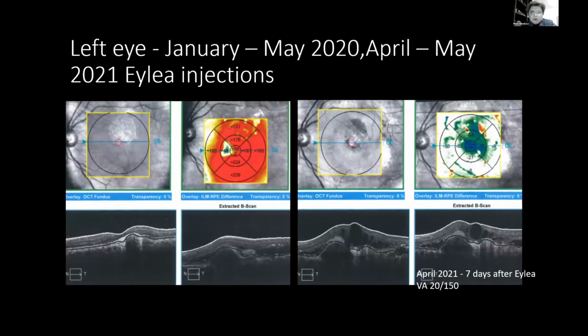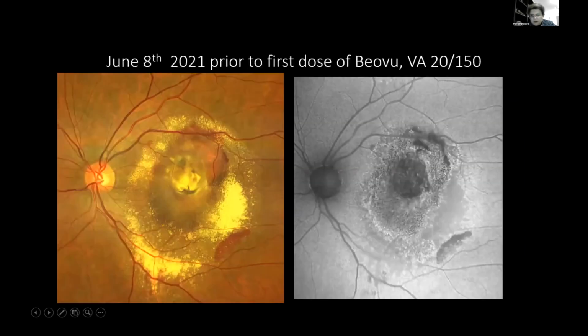Now, this is the typical story from 2020. You see how much his edema is recurring, and then recurring again, and decompensating again and again until April, May last year.